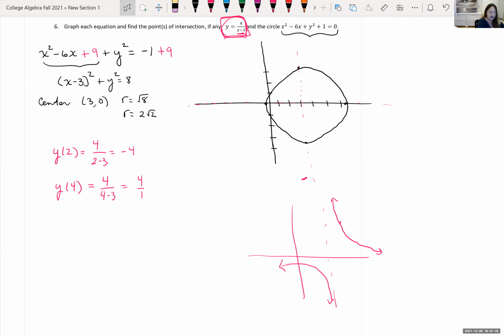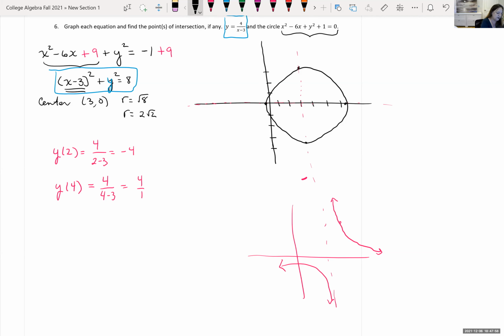So now we want to look at where are the points of intersection. I would use what we found over here for our circle. So we had found our circle in this form of our equation, x minus 3 quantity squared plus y squared equals 8. I'm going to use my substitution method, and wherever I see a y in this circle, I'm going to plug in 4 all over x minus 3.